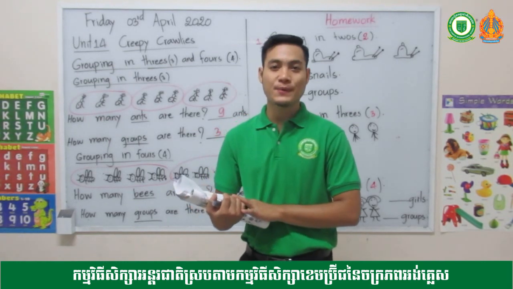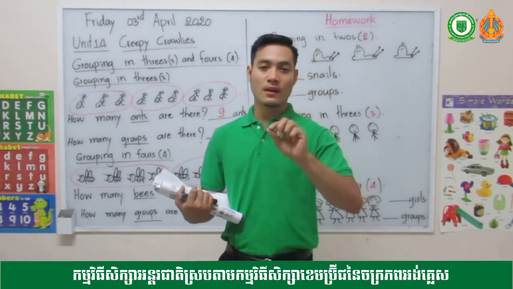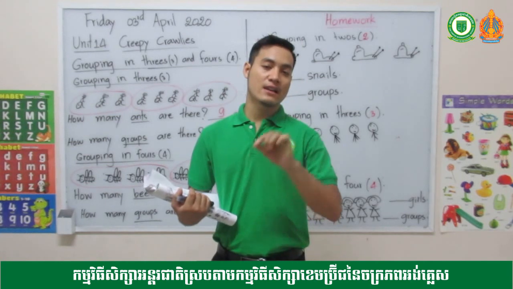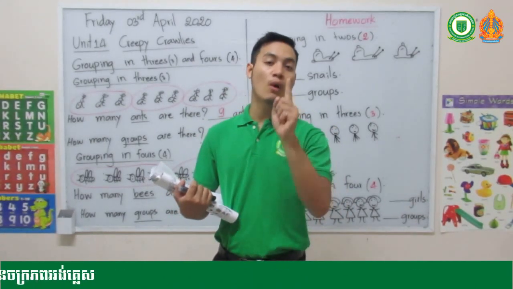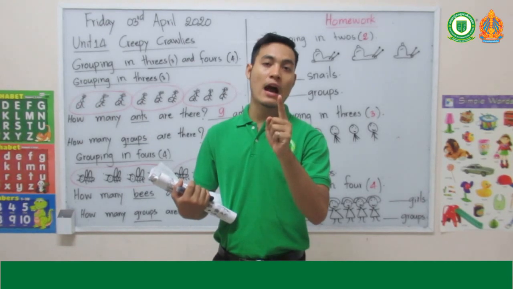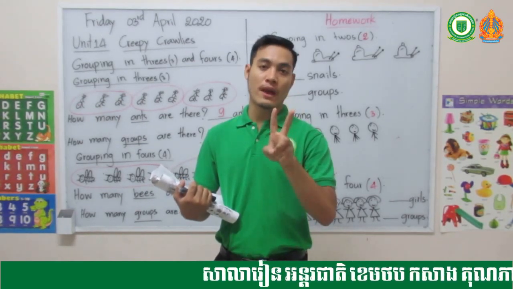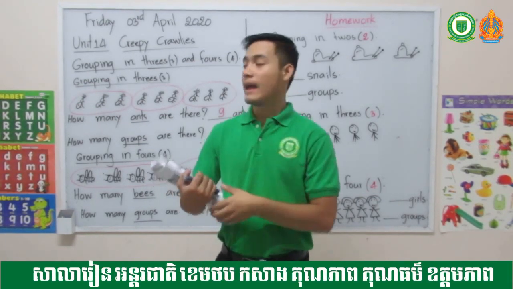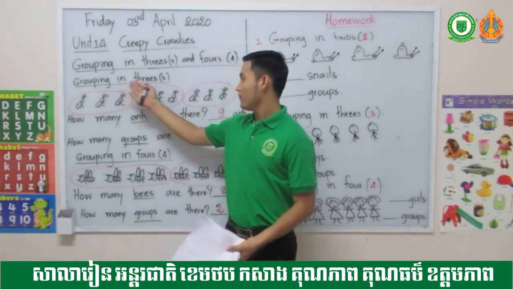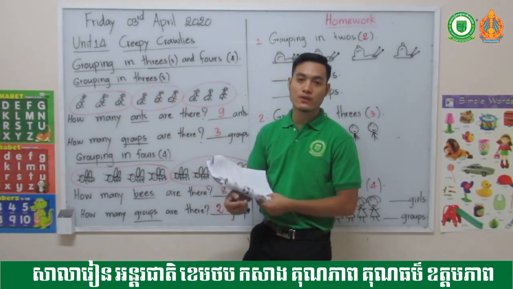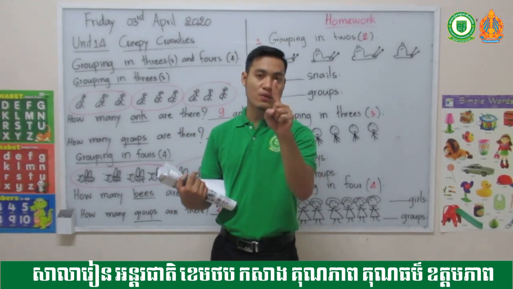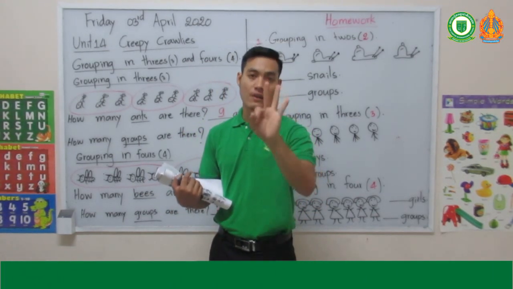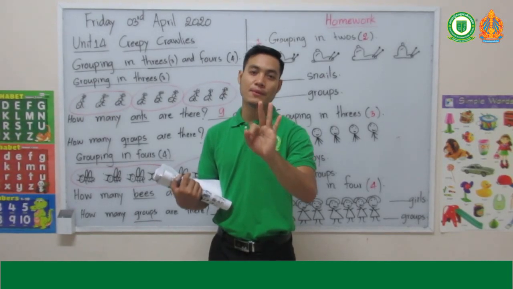Like grouping in two, you need to look at the things and then you group it in many groups, but make sure in one group there are only 2 things or 2 animals or 2 people. And grouping in threes, it means that you need to group in many groups too, but make sure that in one group there are only 3 things or 3 people.